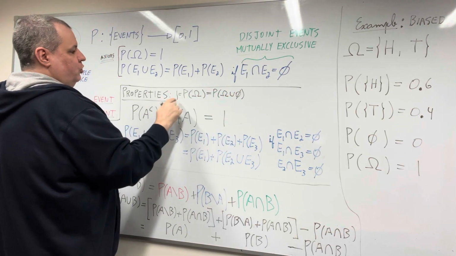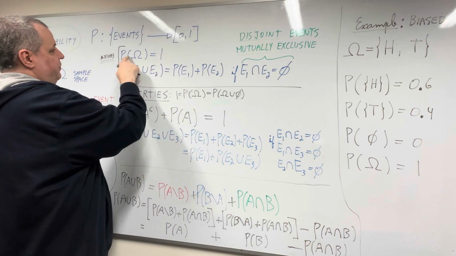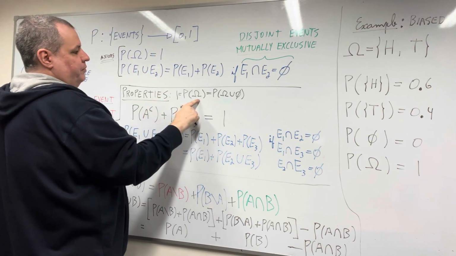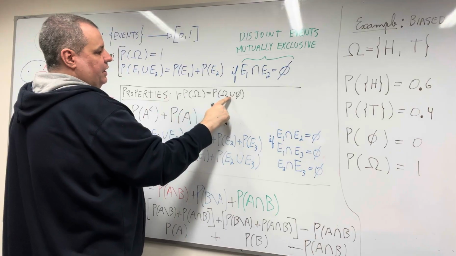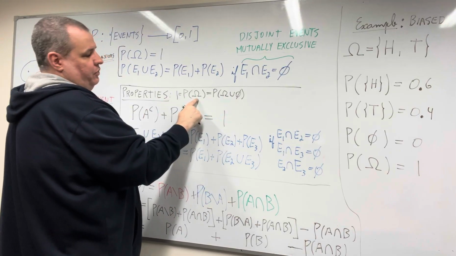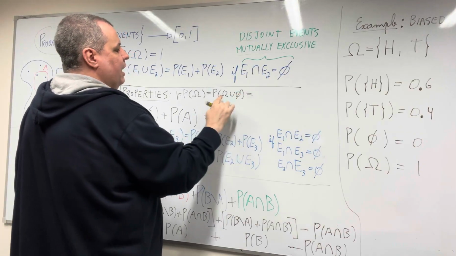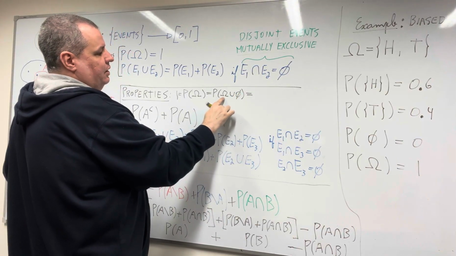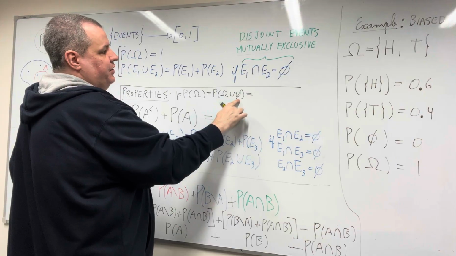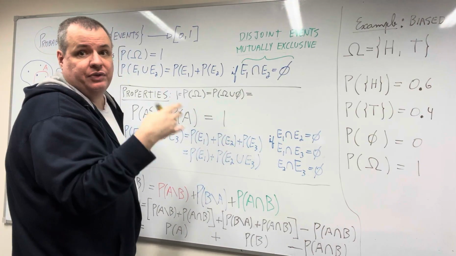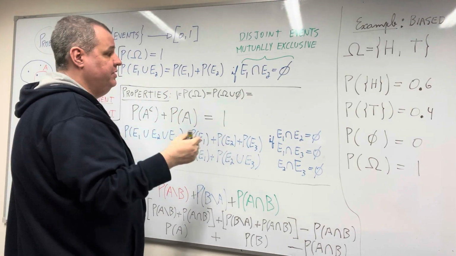But this is equal to 1 because of the first axiom. I did nothing, I just took the union with the empty set, which does not change the set. And now I know the intersection of the sample space with the empty set is empty. The intersection of the empty set with any set is the empty set.